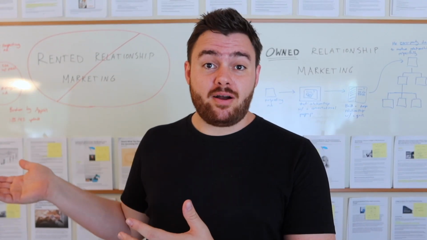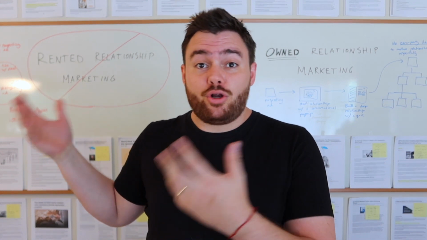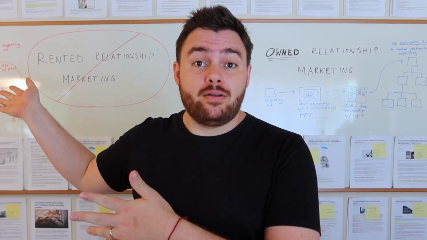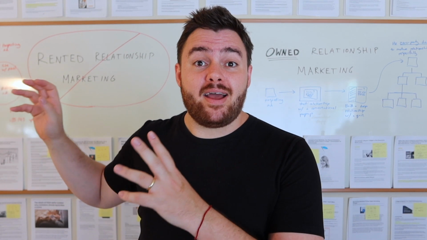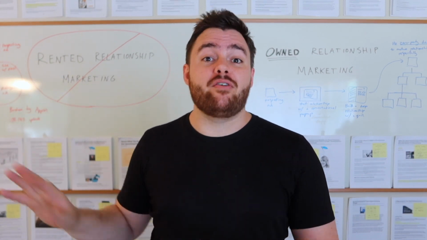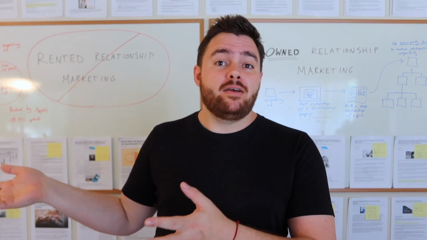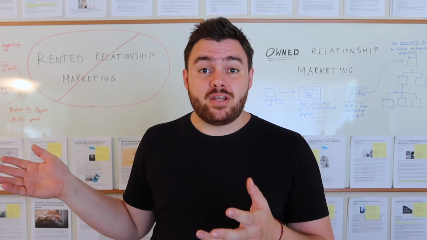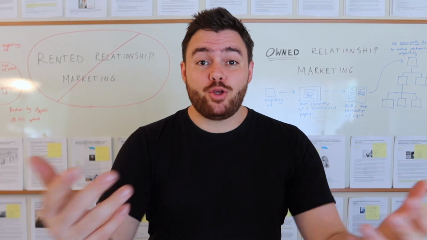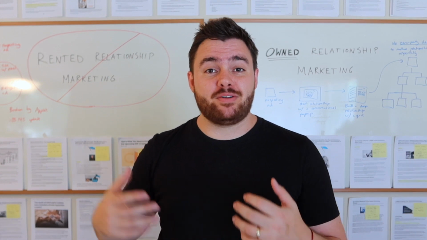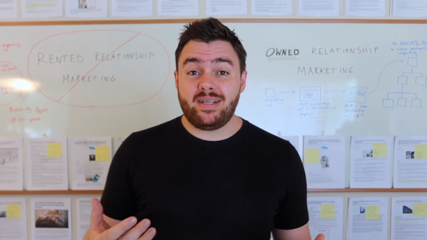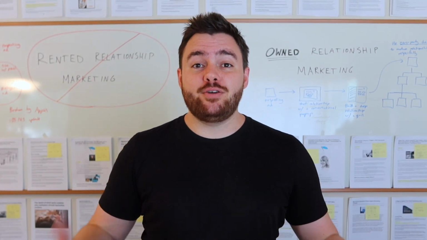And so if you don't get their contact information and you don't learn anything about them, they're just gone. You can't do anything. And so Apple has pulled the rug out from everybody in order to make the experience better for consumers. But what this means is that in a world where you previously relied on rented relationships and relied on retargeting ads, you really need to adjust how you do business.